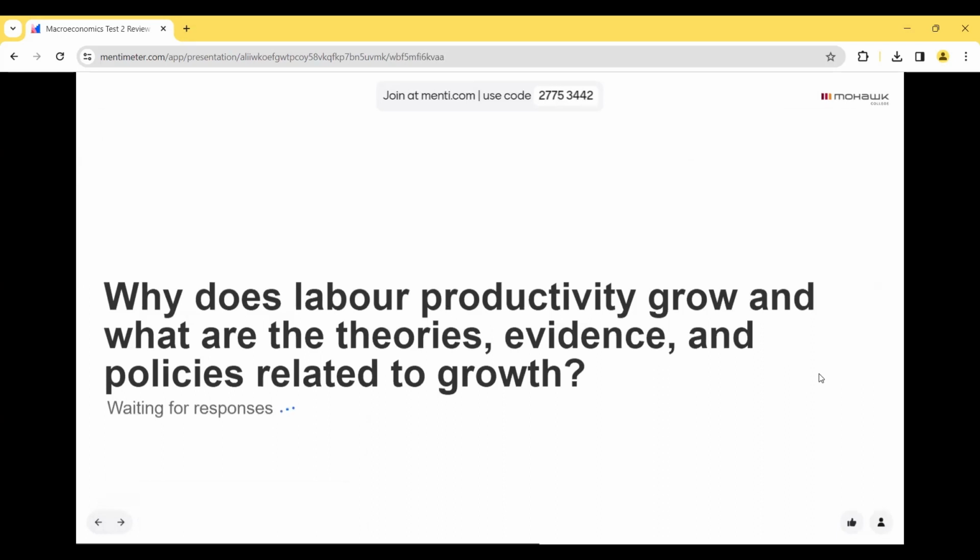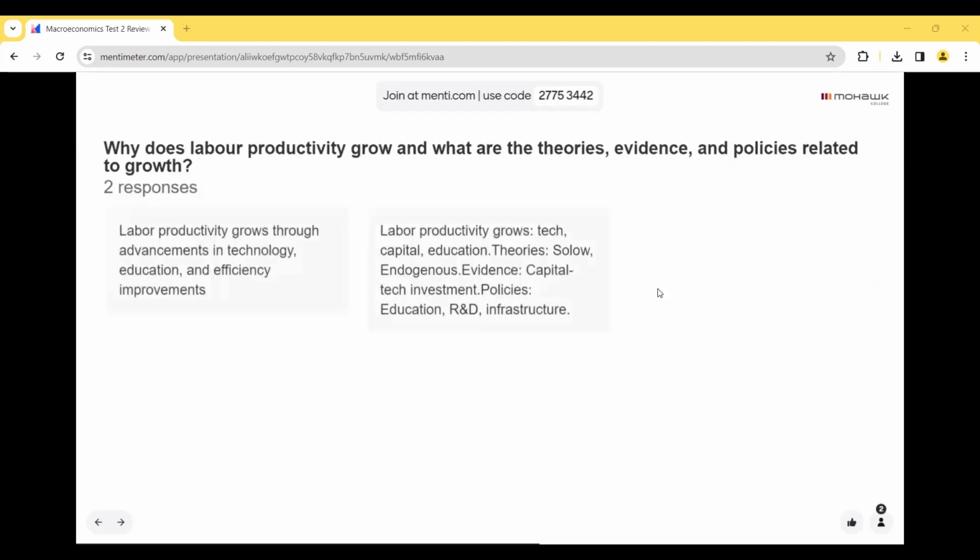Why does labor productivity grow? And what are the theories, evidence, and policies related to the growth? Labor productivity grows through advancements in technology, education, and efficiency improvements.